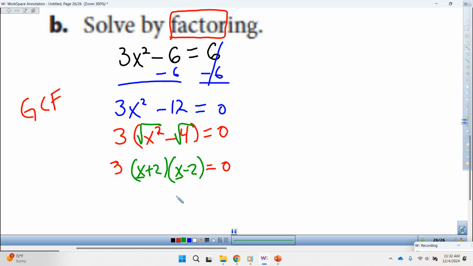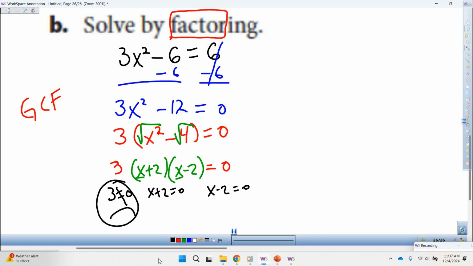So now that we have 3 factors, we set each one equal to 0. 3 equal to 0. X plus 2 equal to 0. X minus 2 equal to 0. And we solve. This is not true, so we eliminate it. Minus 2 minus 2. X equals negative 2. This one plus 2 plus 2.